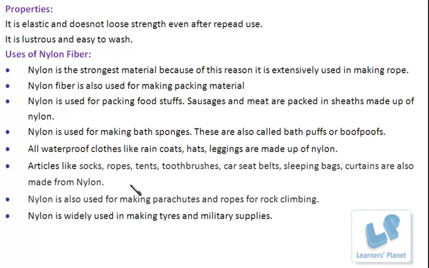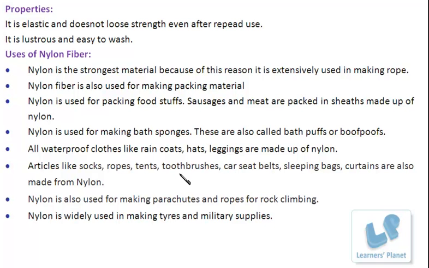Nylon itself is of different types. Nylon 66 is one, nylon 6 is one, nylon 2 is one. So these are all made from different types of nylons. Socks are made up of a different type of nylon. Again, the bristles of the toothbrush are made from nylon 66.